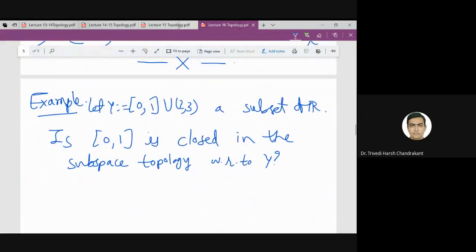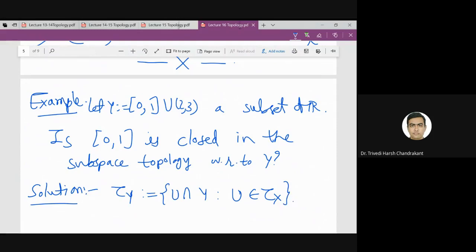So subspace topology means, can anyone recall the definition of subspace topology? B_Y is equal to B intersection Y. That is a basis. And what are the open sets? They are of this form: U intersection Y, where U is an element of tau X. Whenever Y is a subset of X, here Y we are taking as a subset of the real line.